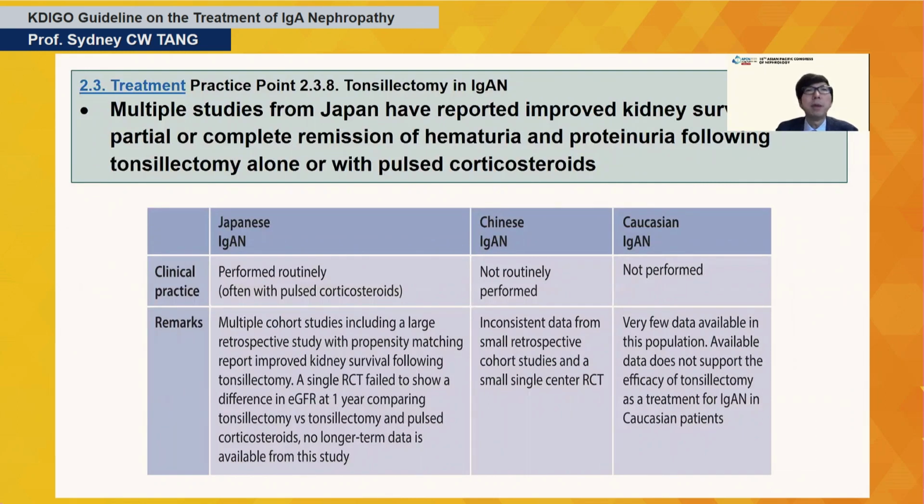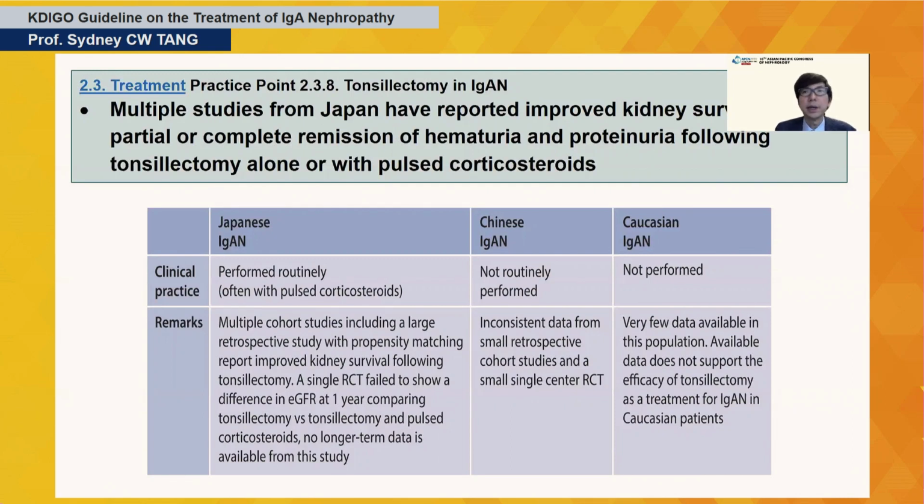And we know that there are multiple studies in Japan showing improved kidney outcomes, okay, in patients who have received tonsillectomy. However, a single RCT published some years ago failed to show a difference in eGFR at 1 year, comparing the tonsillectomy versus the non-tonsillectomy group. But there was no long-term data available from that particular study.